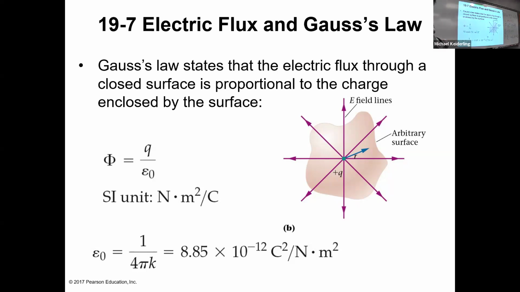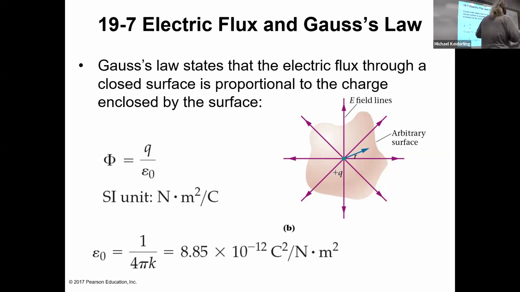And so the total flux is equal to the enclosed charge divided by epsilon naught. Which means if you have something that's nice and symmetrical, and you know the electric field should be nice and symmetrical, you can use Gauss's law to work out what the electric field should be.